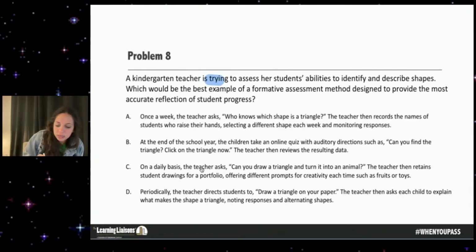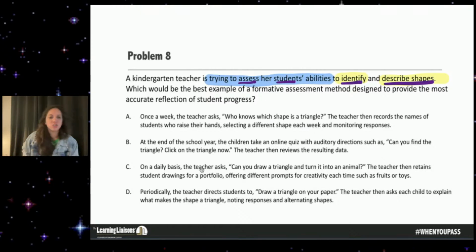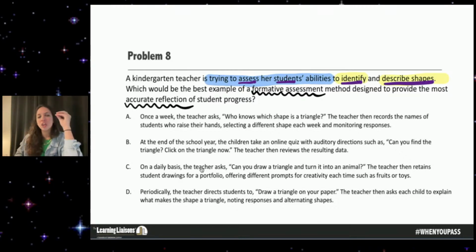She's trying to assess her students' ability to identify and describe shapes. Those are the critical words. And now we're looking for a formative assessment to provide the most accurate reflection of student progress. Now that we know what we're looking for, let's read A, B, C, and D.